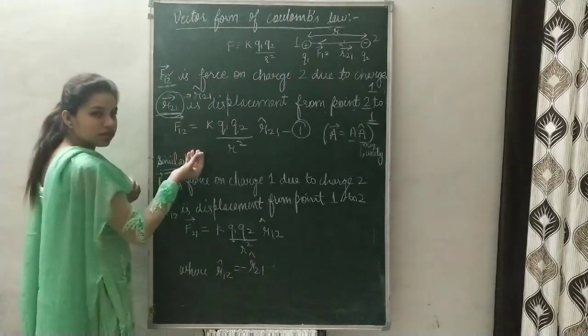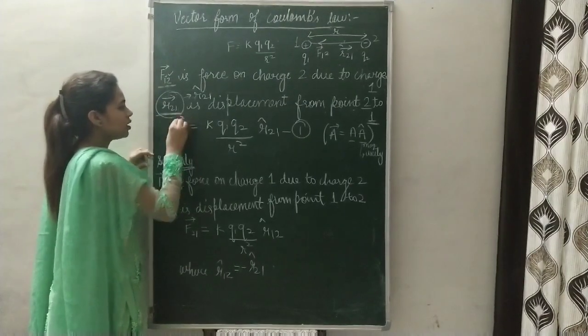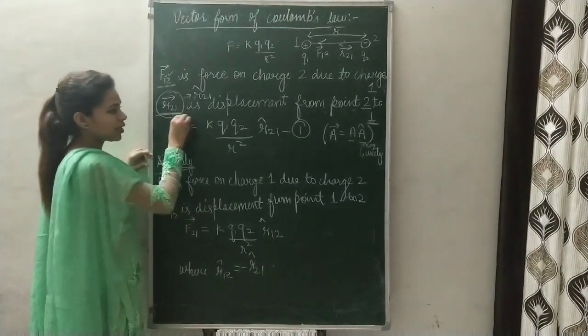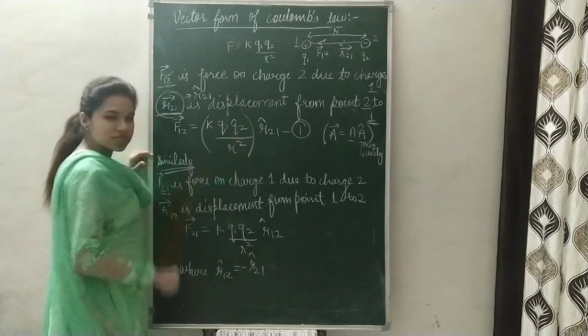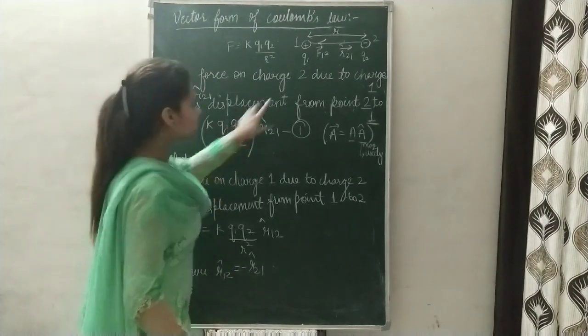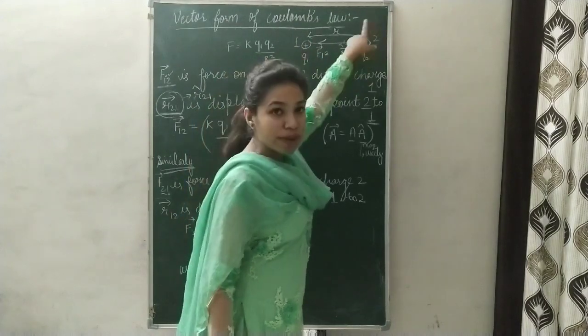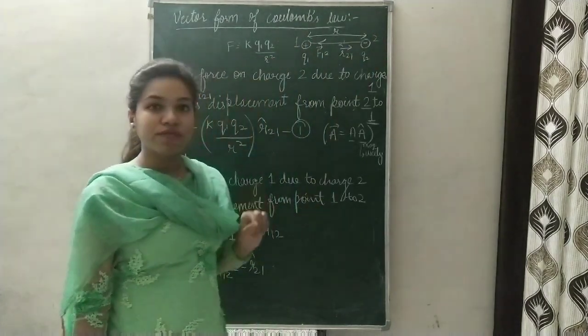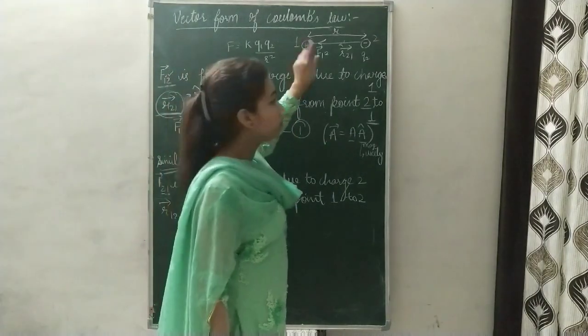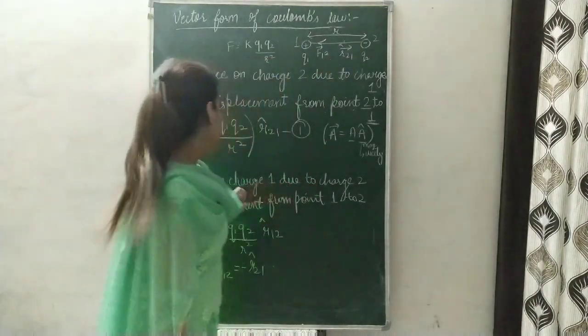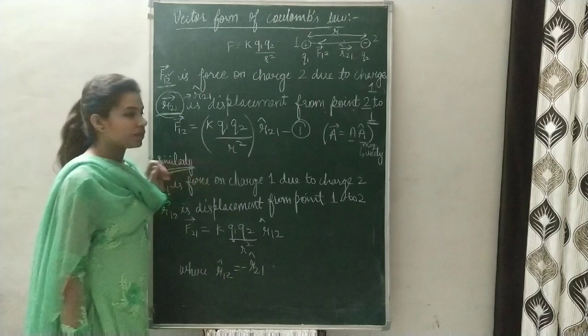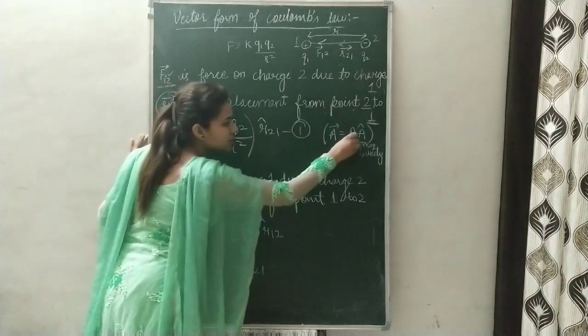So what is the vector form of the force then? F12 vector is equal to the magnitude, which we already know: R is the distance between these two charges, Q1 is the magnitude of this charge, Q2 is the magnitude of this charge. According to the definition, we are going to take only the magnitude, not the sign. So K Q1 Q2 by R square is the magnitude.